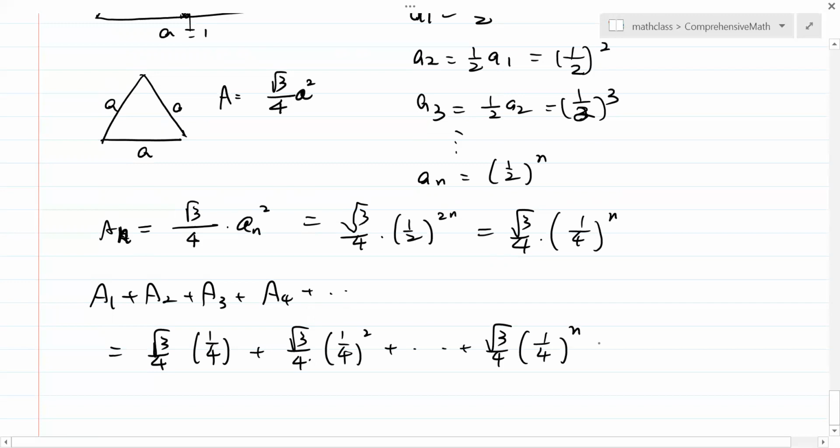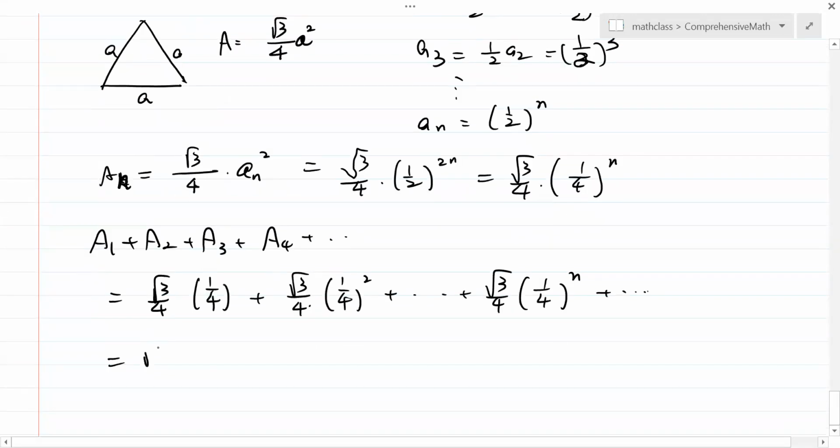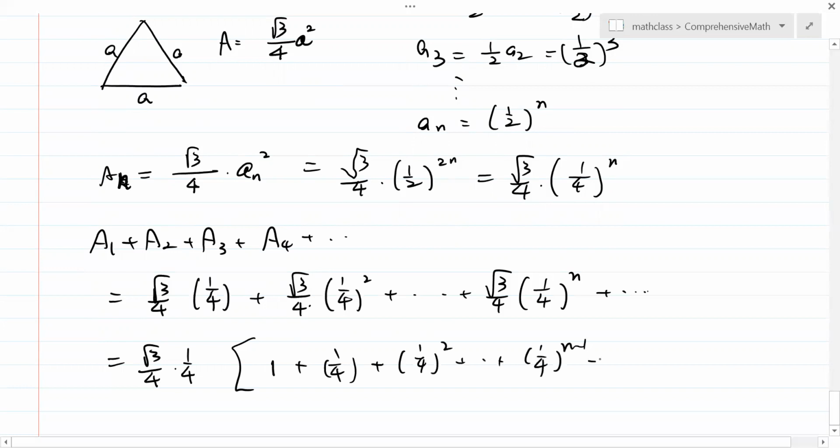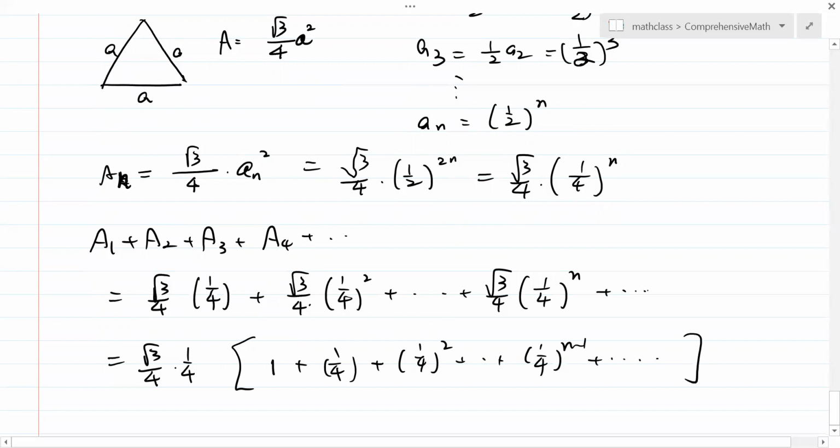All right, I needed to take some common factor out. What common factor am I going to take? It's square root of 3 over 4 times a quarter. Then you have a 1, begin with 1, because then I can use the formula. And the quarter square. And here a quarter to the n minus 1 power. Right? Then I'm applying the formula.